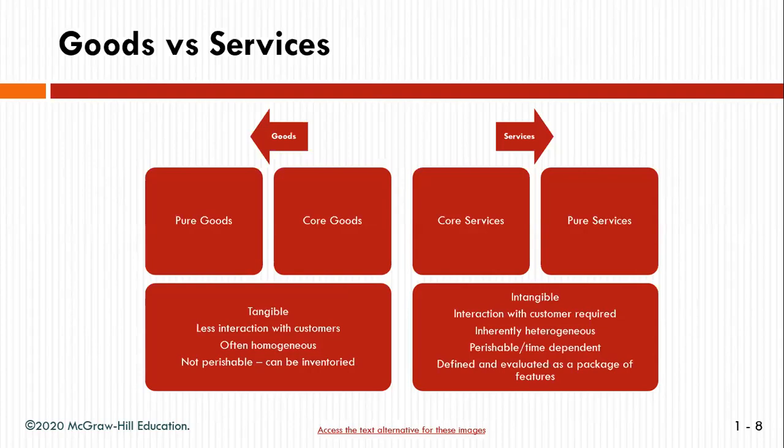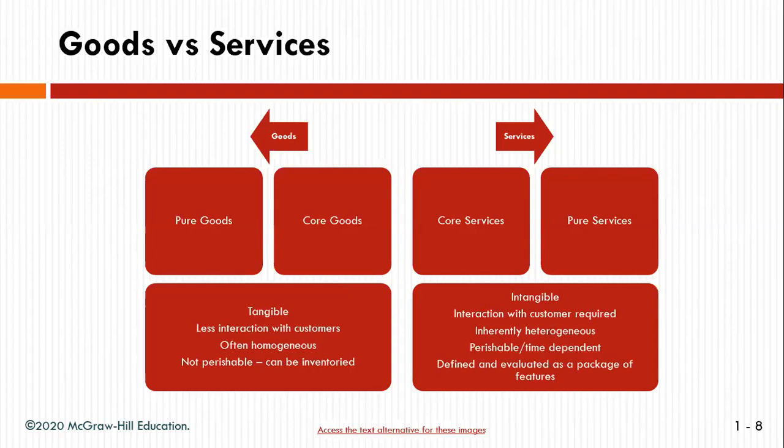On the other hand, at the extreme end you have the intangible, which is services like universities, doctors, and lawyers. They're intangible. If the time passes by, you lose that time.